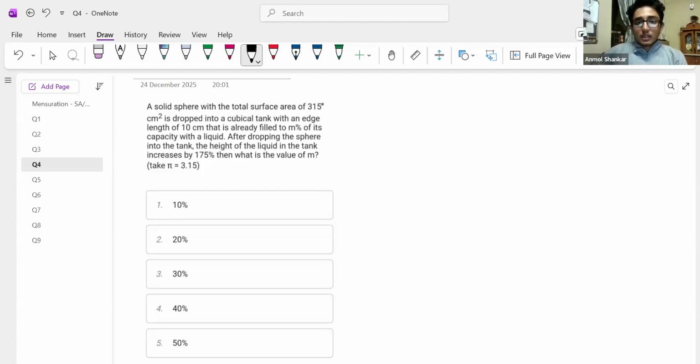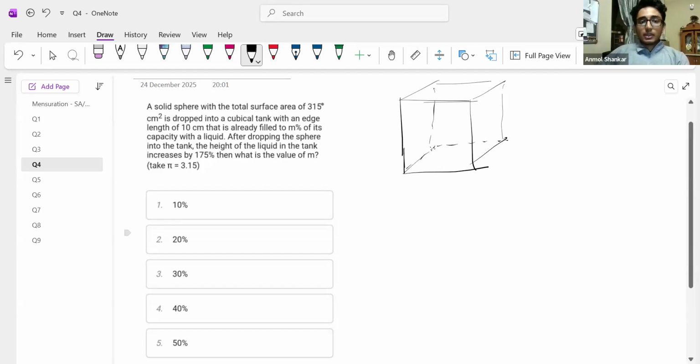So there is a cubical tank, which is already filled to m% of its capacity with a liquid. Suppose the liquid is blue in color, yeah?